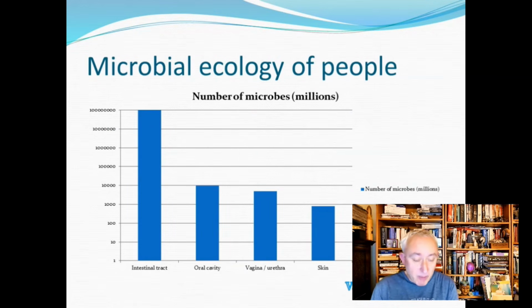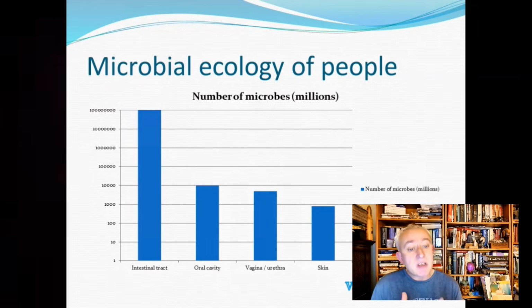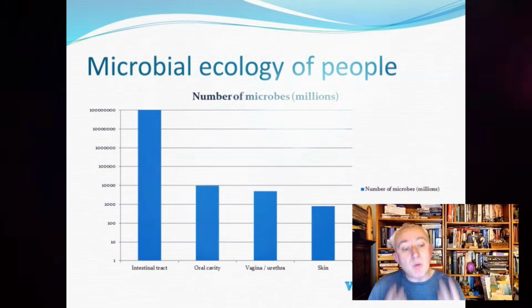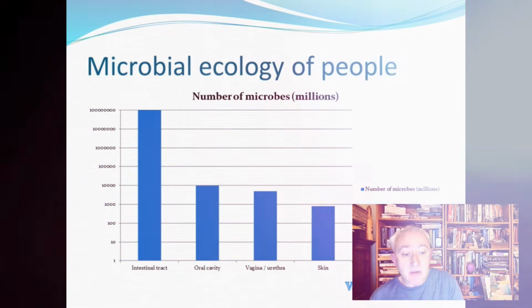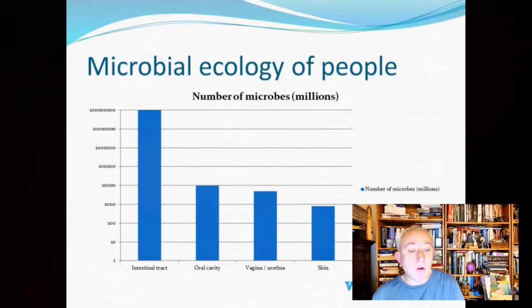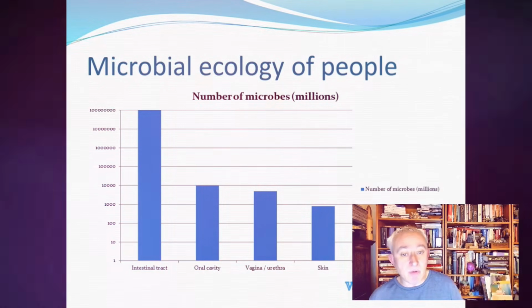So this is information that's been taken from the Human Microbiome Project, and you can see the proportion that's in the gut. But the skin microbiome is still substantial and thus presents a substantial risk within the cleanroom environment.